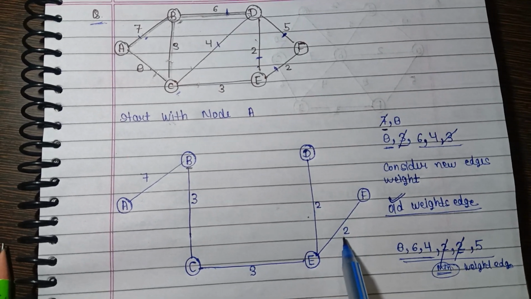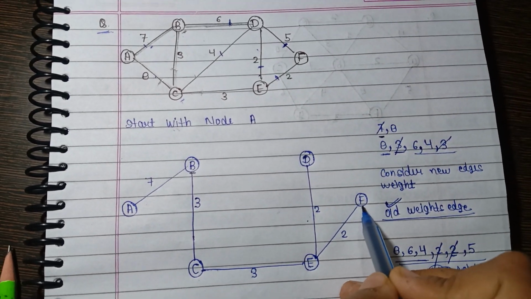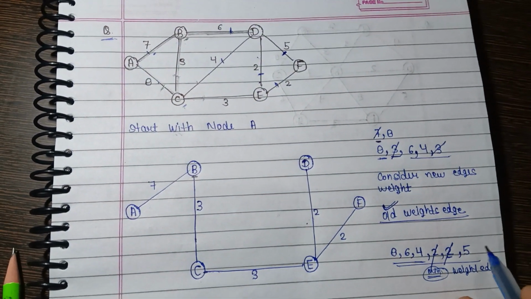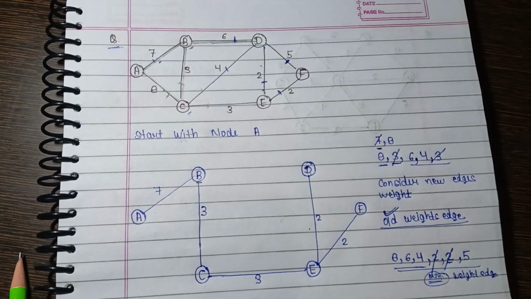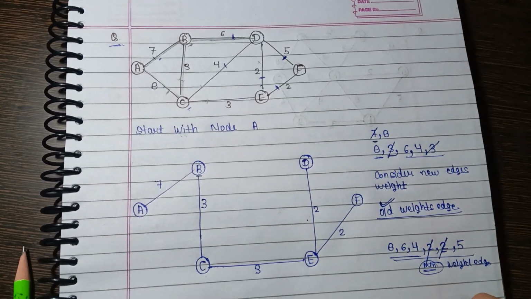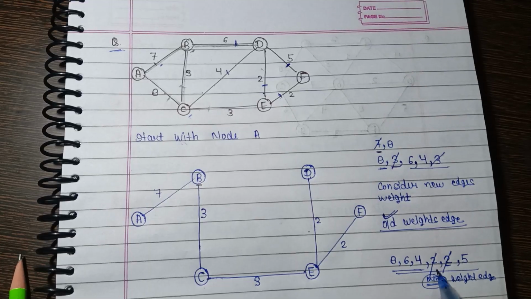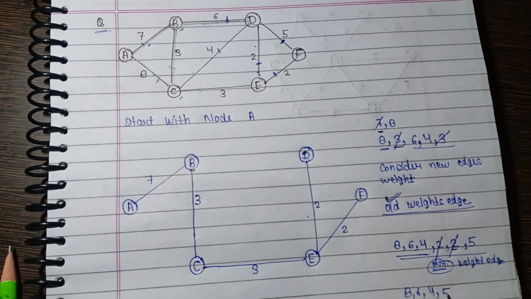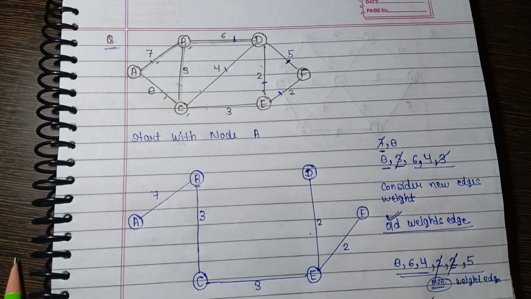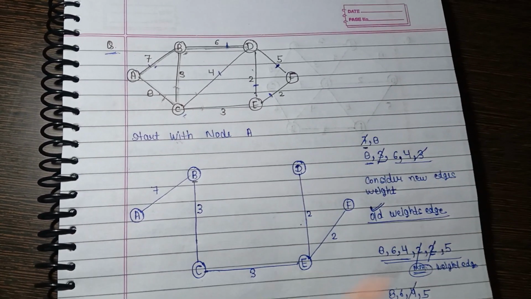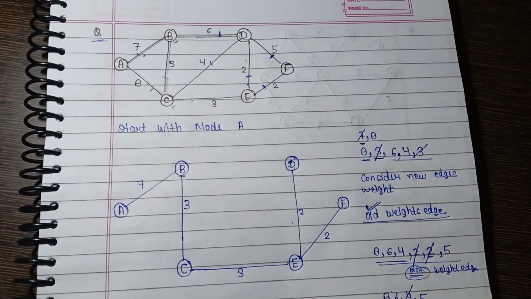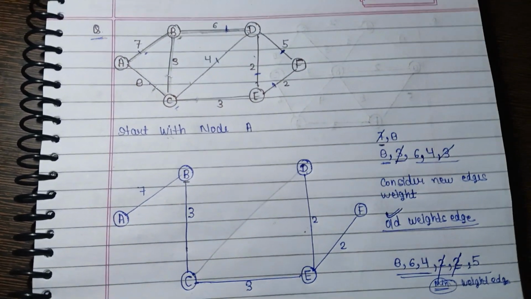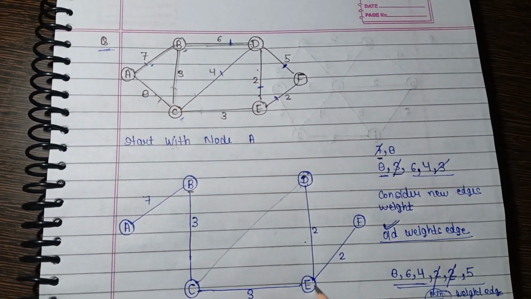Okay, now add the edges which are connected to vertex F, basically it is 5, but we already used 5. That's why we are not going to add the edge 5 again to our rough side. Okay, so find the minimum one. Now the available weights are these, and the minimum is 4. Now if I add weight 4, it will make a cycle.